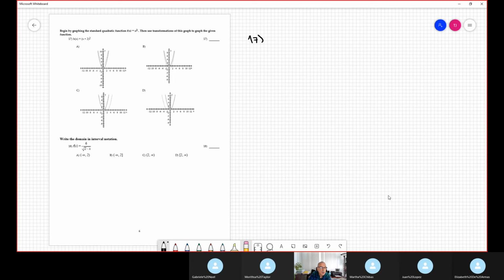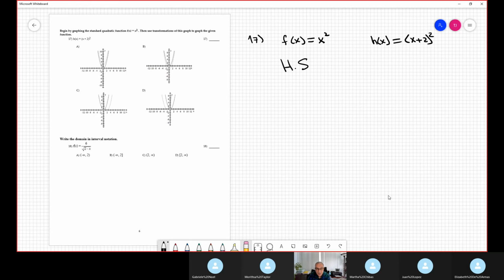is begin with the graph of the standard f of x equal x squared. And then using transformations of the graph to graph the given function, the new one, I call h, is (x plus 2) squared. The only transformation is, inside the parenthesis, you are adding 2. See, x plus 2. If it is inside the parenthesis, you need to identify that it is a horizontal shift.